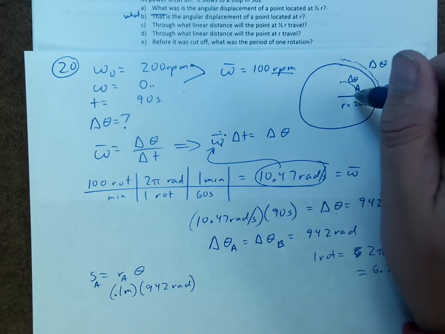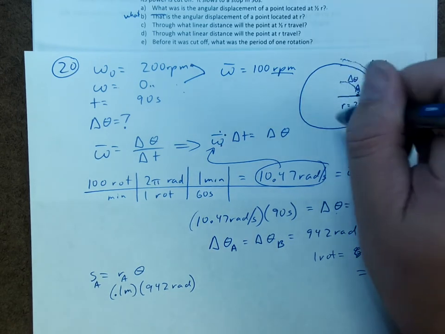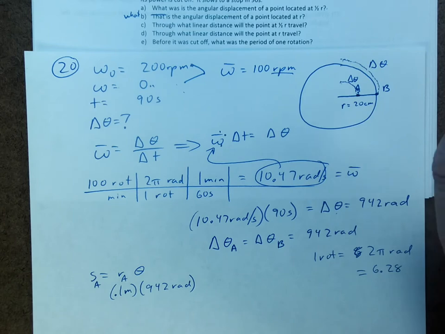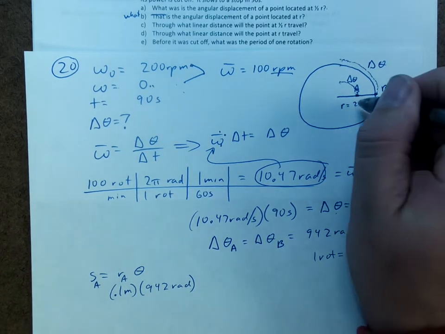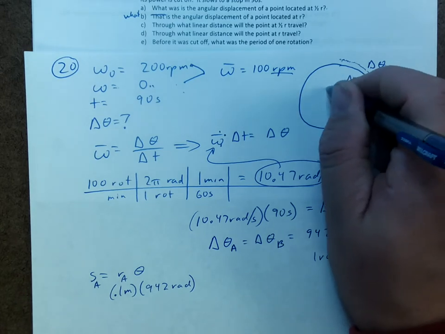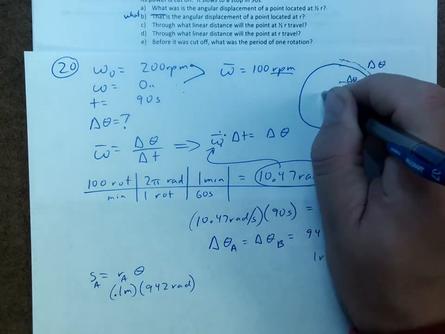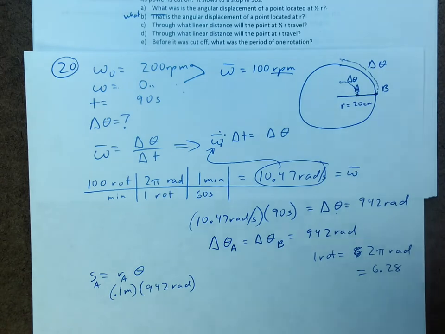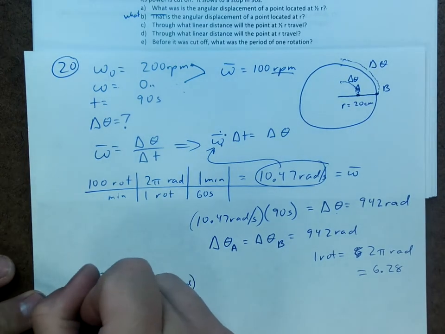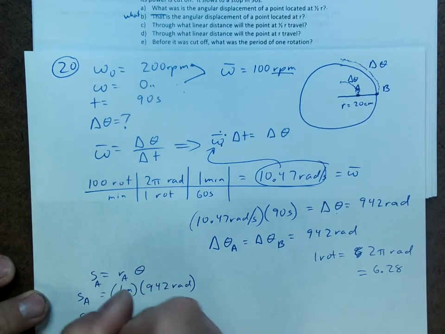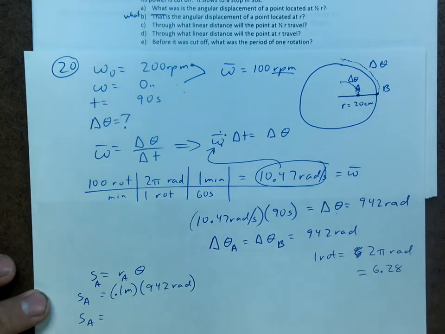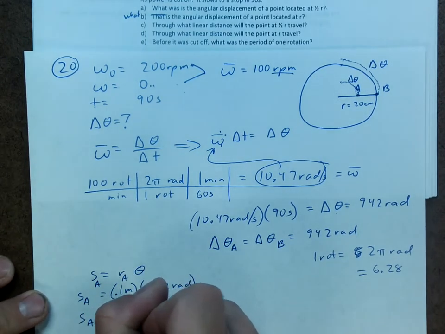In fact, it's going completely around multiple times. That being said, we can still find the total distance A moves through as it goes around multiple times. When we do the math for point A, we get 94.2 meters.